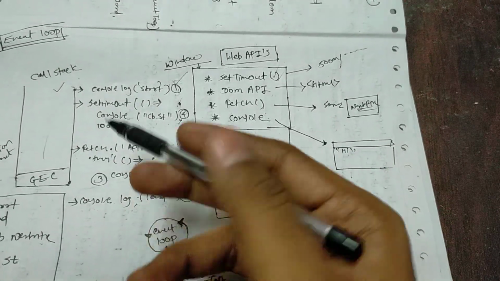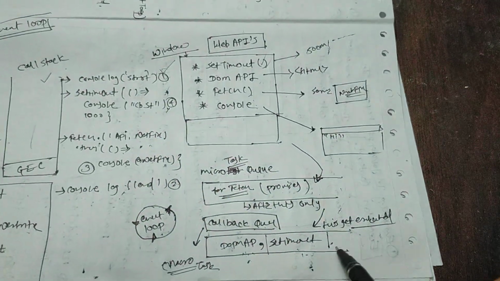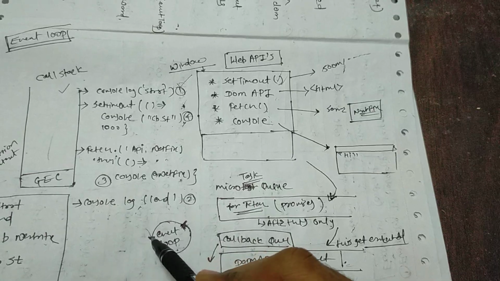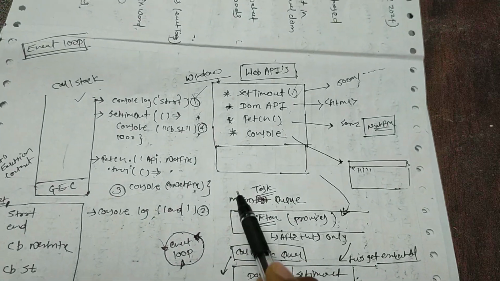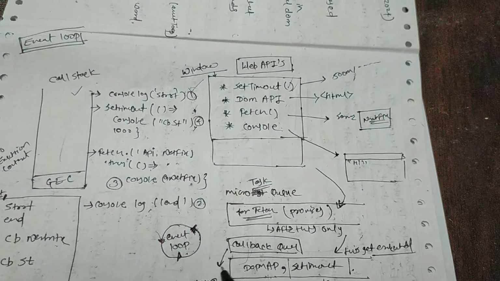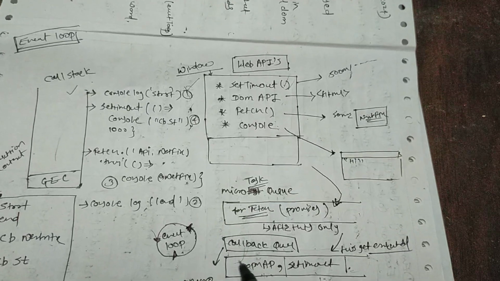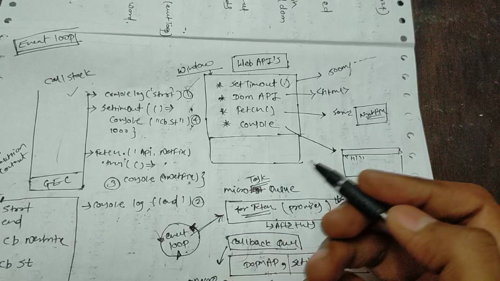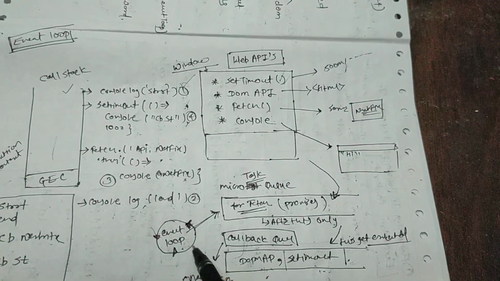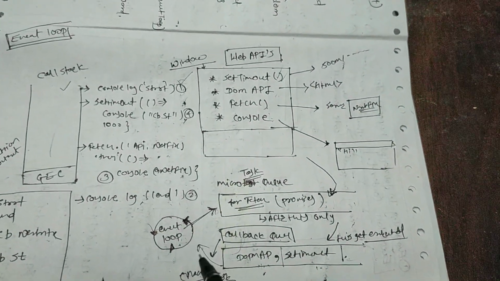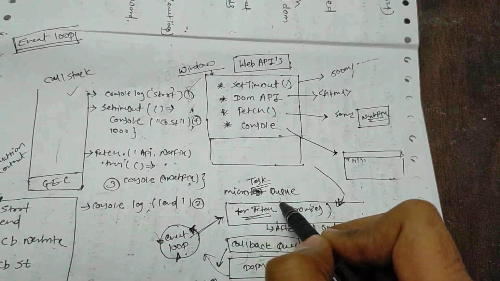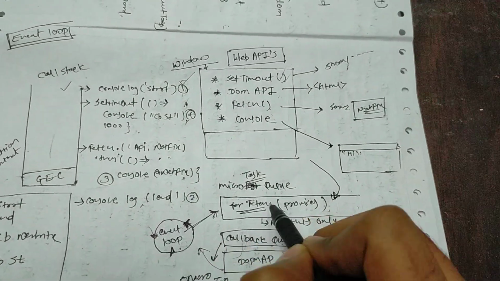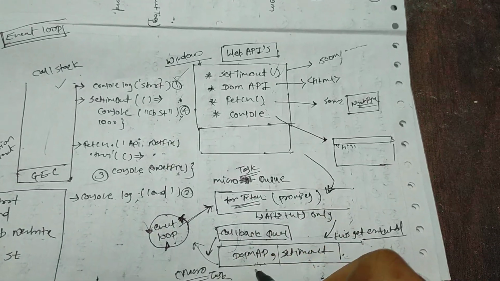If we have any other setTimeout or setInterval, it will go behind the callback queue. Now the work of the event loop is to take tasks from the microtask queue, and only after all the microtasks are executed will it take things from the callback queue. So if we have fetch two times, it will make sure the fetch queue gets empty, and then it will start to execute the callback queue.